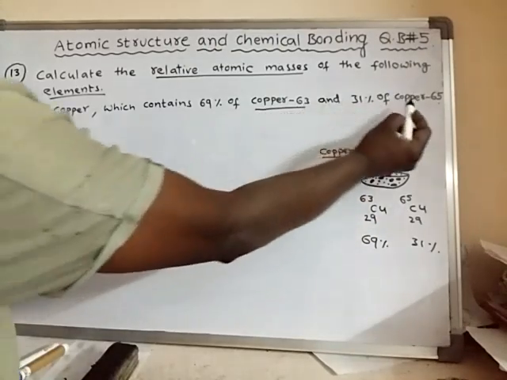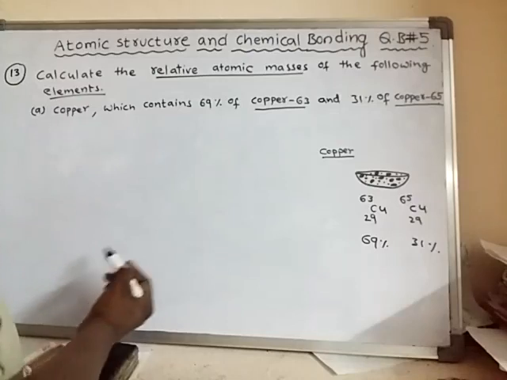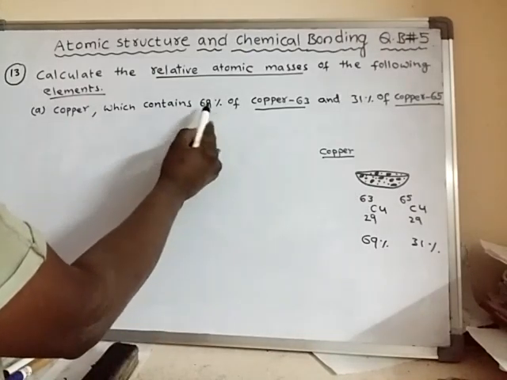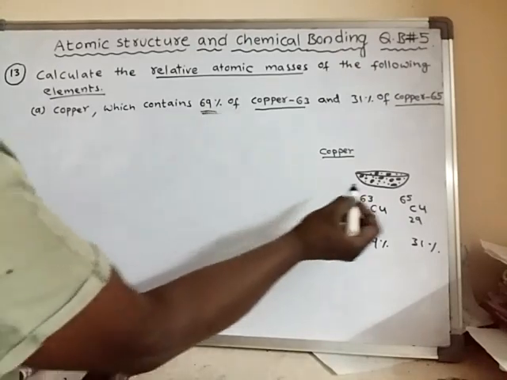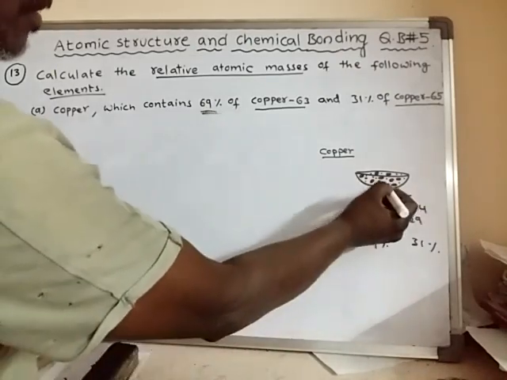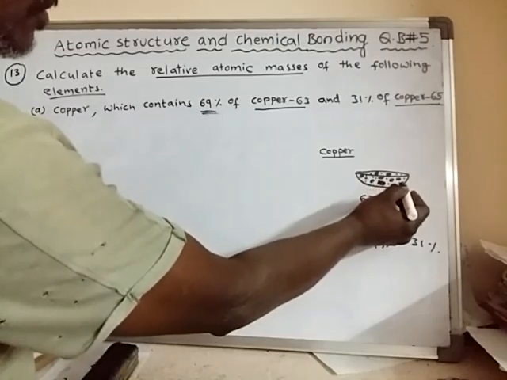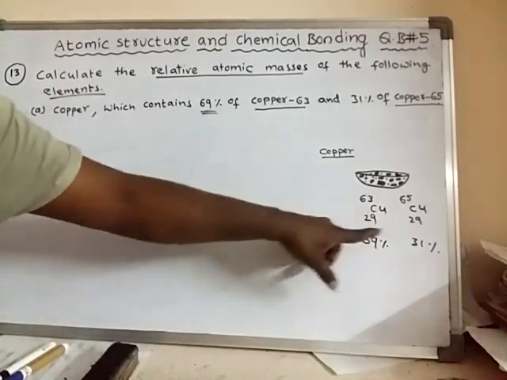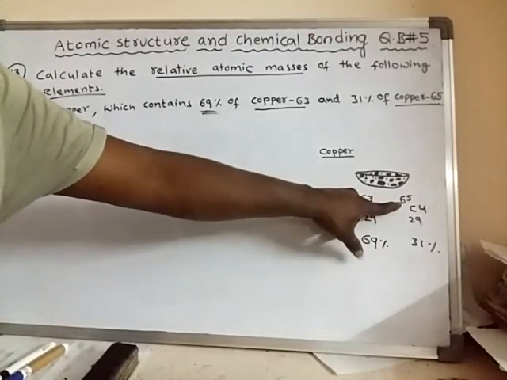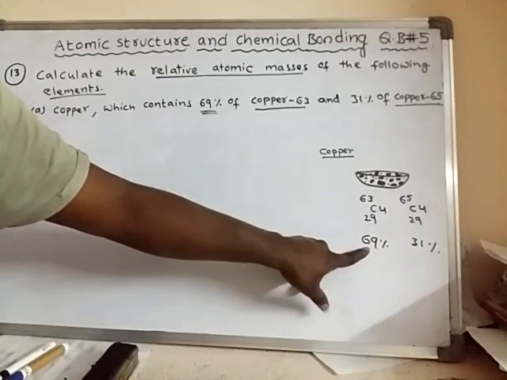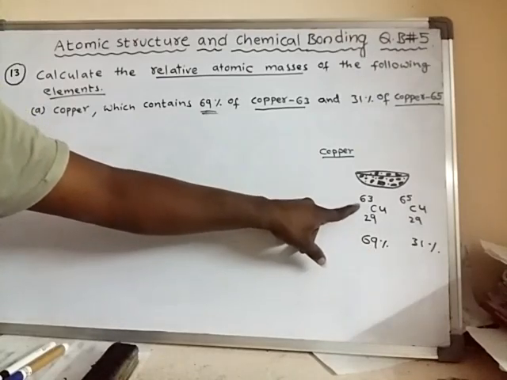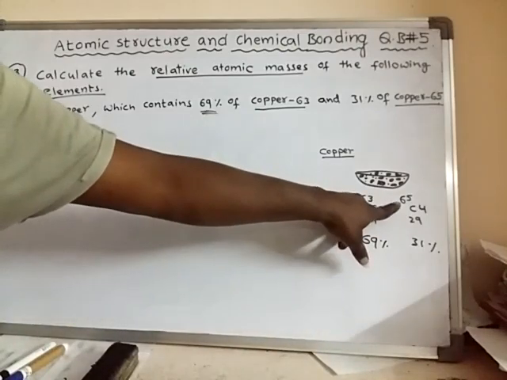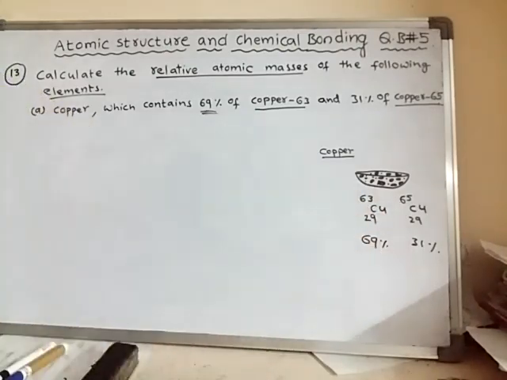Copper 63 is present in 69 percentage, which is more amount, whereas copper 65 is present in only 31 percentage.